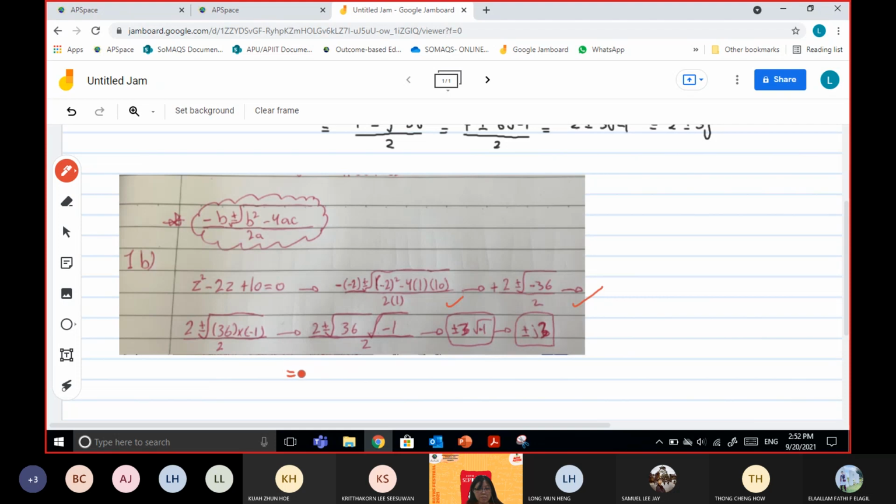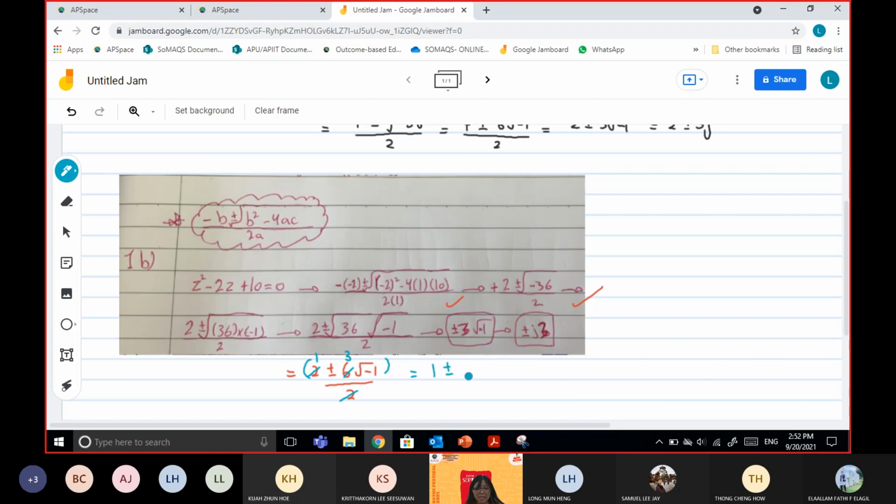So this part should be 2 plus minus 6 square root of -1, over 2. Right? Since the whole thing is divided by 2, we can cancel the 2 with the 6. So you still have a 1 for the real part.